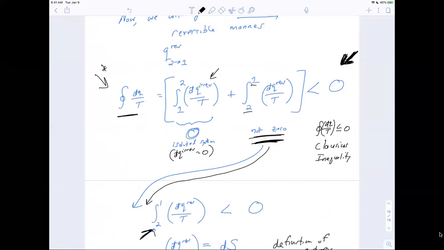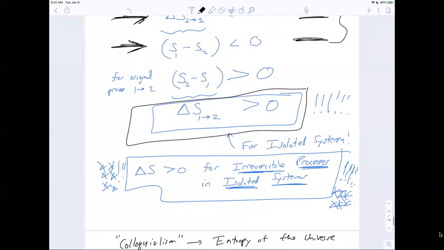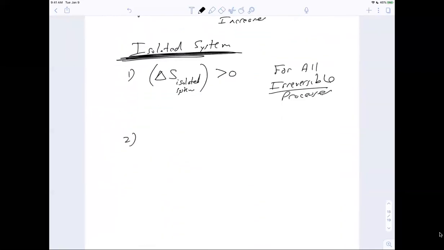So if you had some process that occurs reversibly in an isolated system, this thing would not be an inequality, it would be an equality, and it would equal 0, in which case delta S of an isolated system is equal to 0 for all reversible processes occurring in that isolated system. Any questions on that?